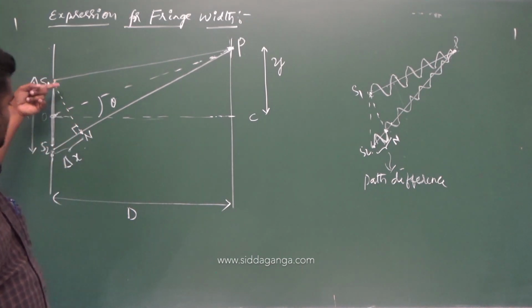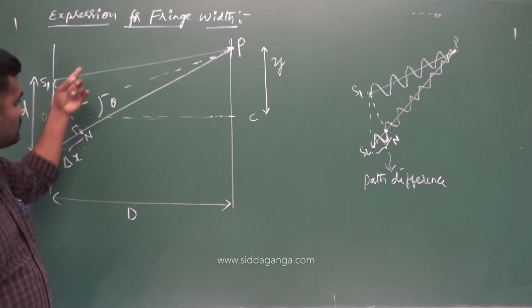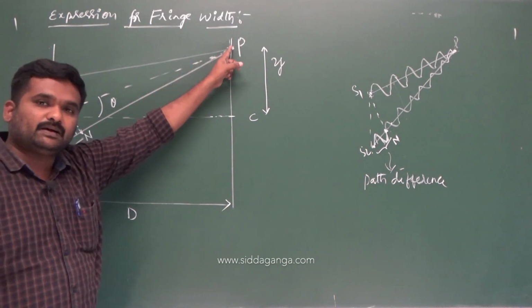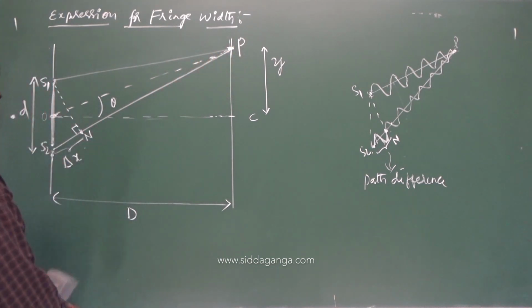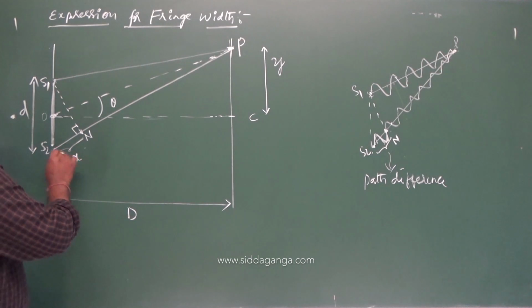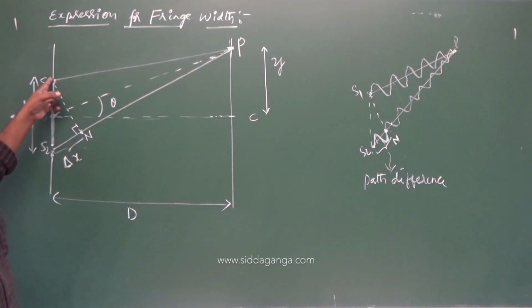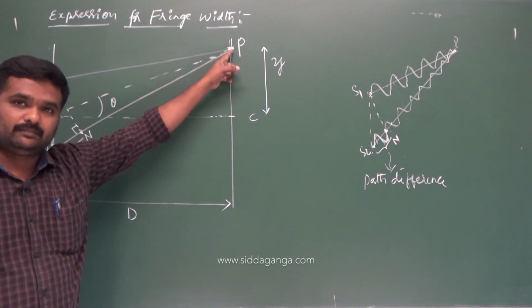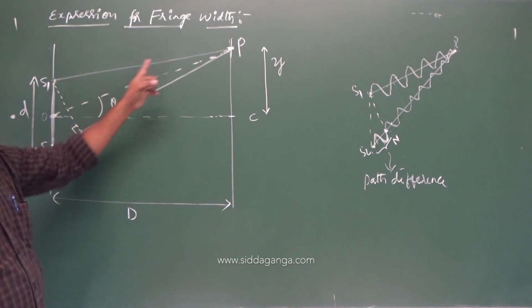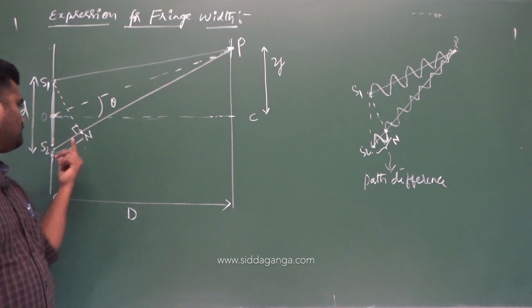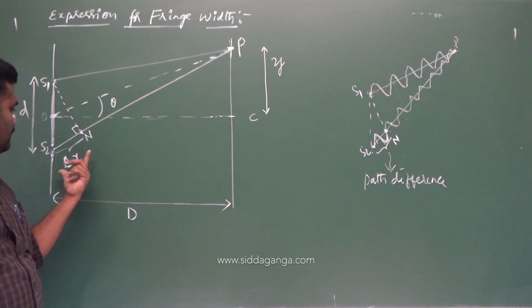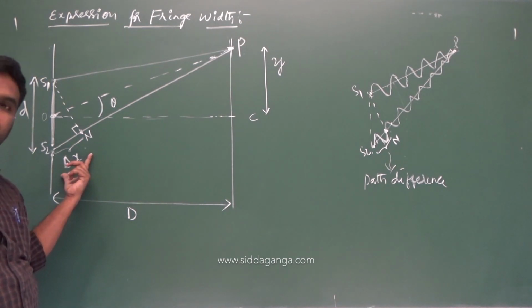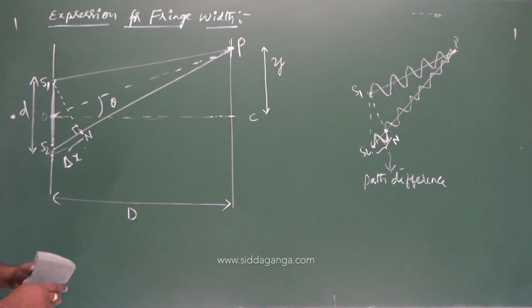So the light waves from these two coherent sources will superpose to form a certain interference pattern on the screen. And this is the extra path that S2P has travelled in comparison to S1P. When you compare with S1P, S2P has travelled an extra path of delta X. I have called it the path difference between the two waves.